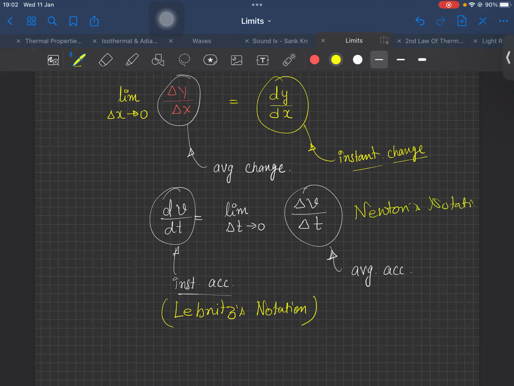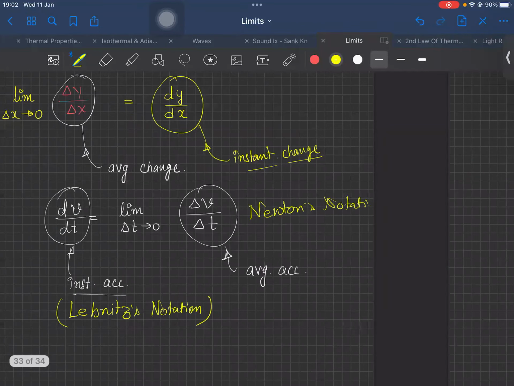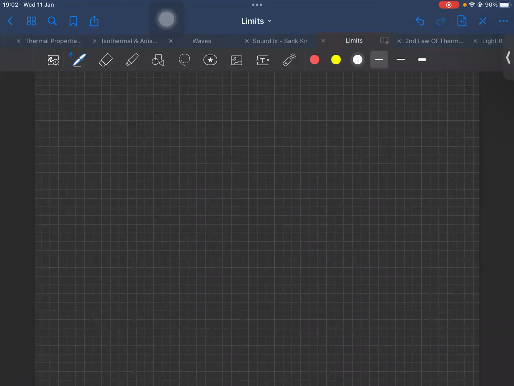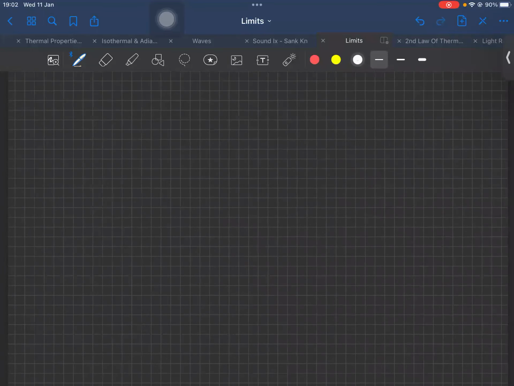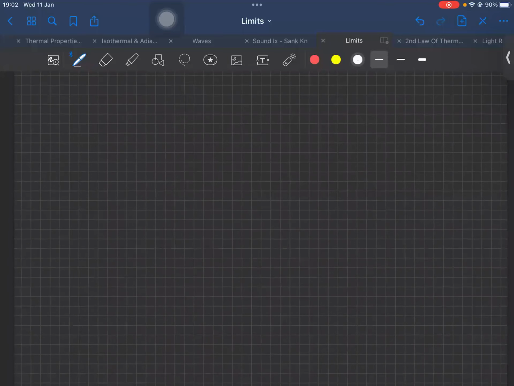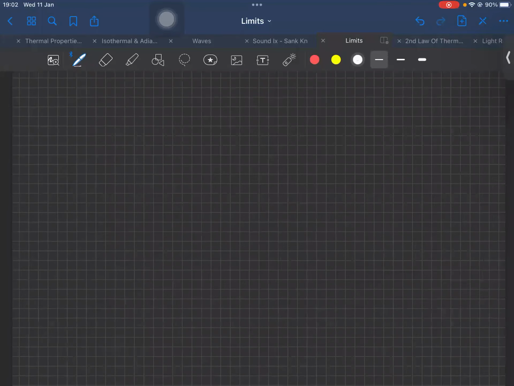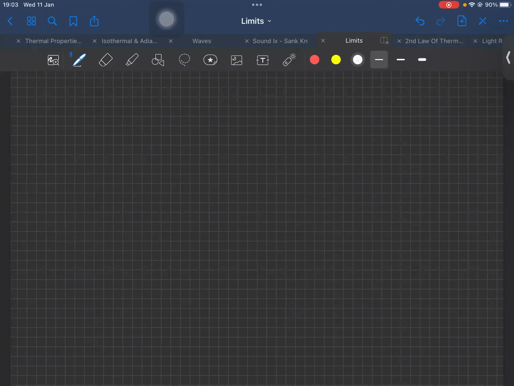Both are called father of calculus, because they both discovered it at the same time.